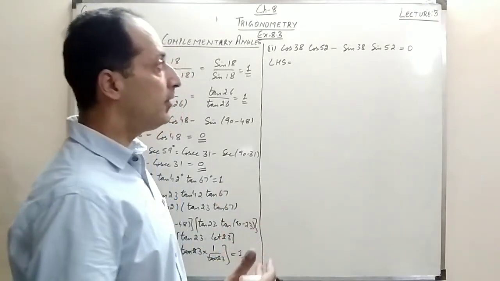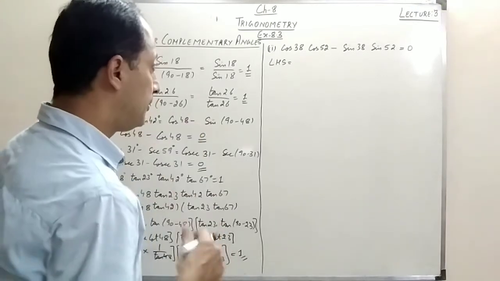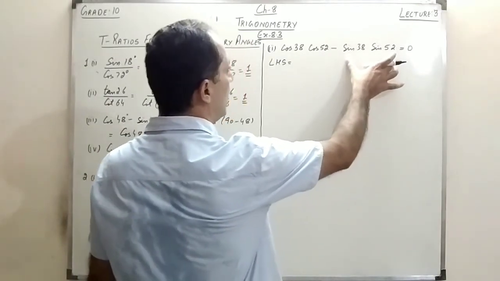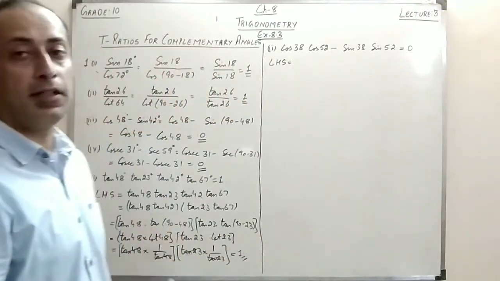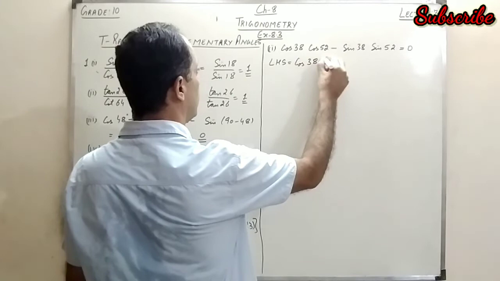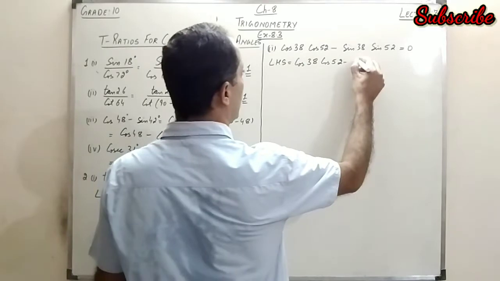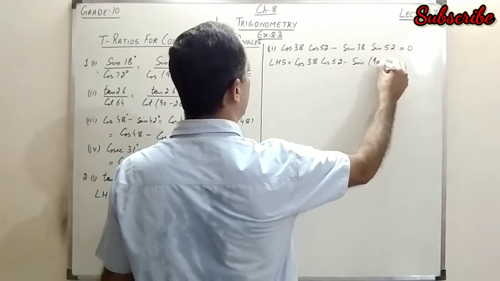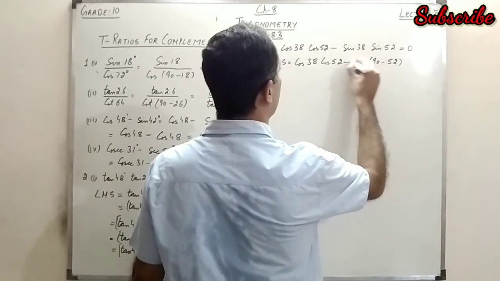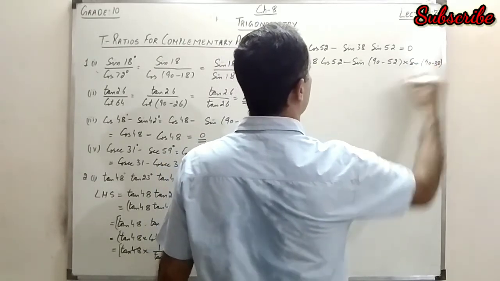Now, there can be confusion about what step you should take, which things you should change. So to avoid the confusion, we can change these two, either these two or these two into the other ratios, right? So let's try for this only. So this is cos 38, cos 52 minus this sin 38 can be written as sin of 90 minus 52, and this sin 52 can be written as sin of 90 minus 38.